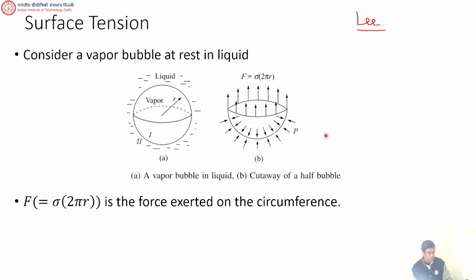Now, when it comes to pressure, there is some pressure inside and there is some pressure outside. So P1, this is Roman 1. We are saying that this is 1 and the outside is 2.